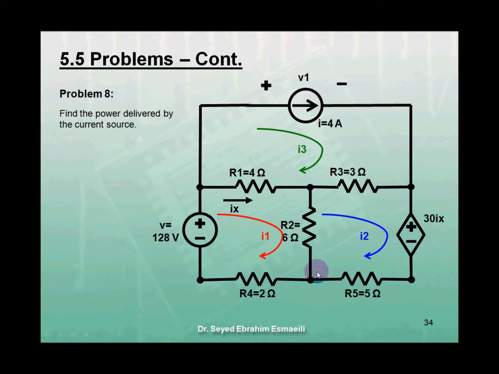Applying KVL on the second mesh, we have R2 times (I2 minus I1) plus R3 times (I2 minus I3) plus 30Ix plus R5 times I2 equals 0. And from the dependent voltage source, we have Ix equals I1 minus I3.